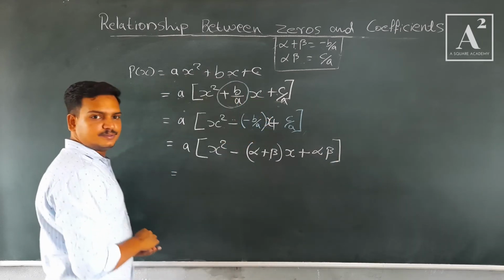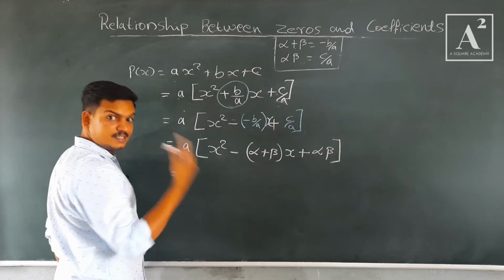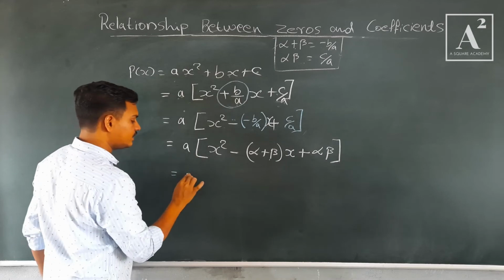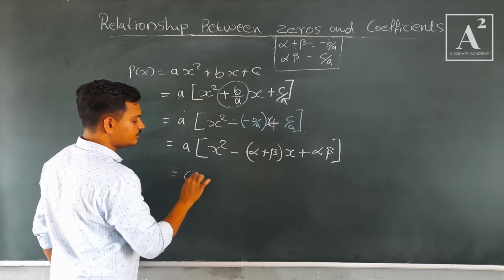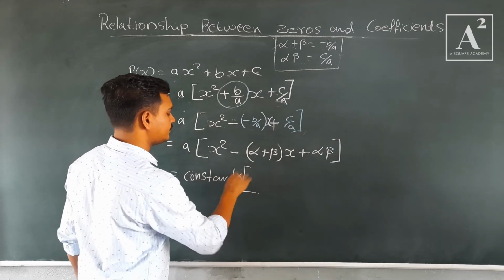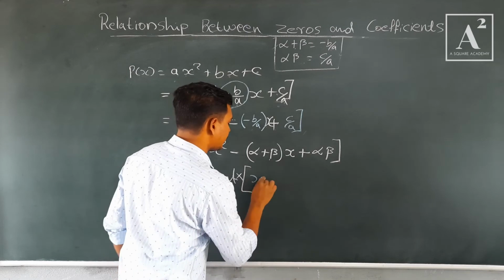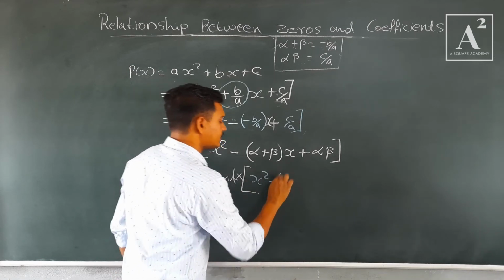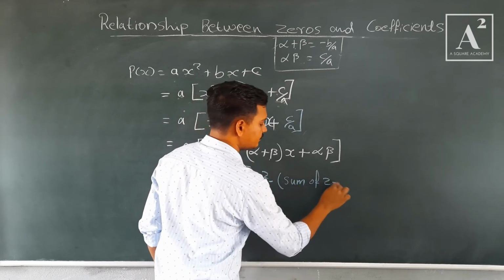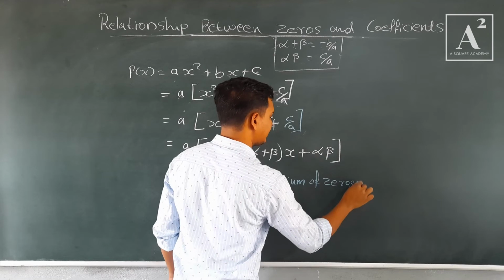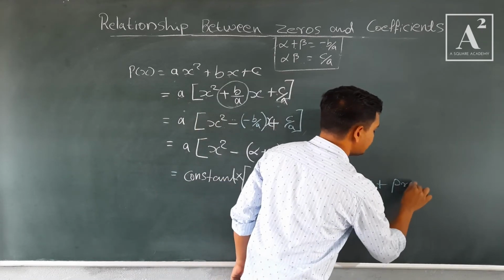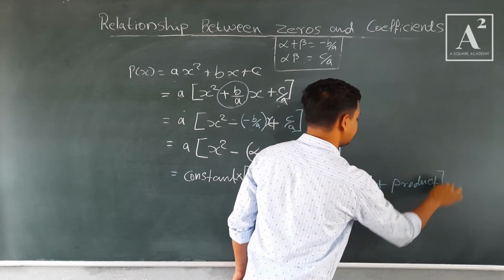that is equal to, in general we can write any constant, okay. So a is a constant, right. So this is any constant times x square minus sum of zeros. Here alpha plus beta means sum of zeros, okay, times x plus product of zeros.